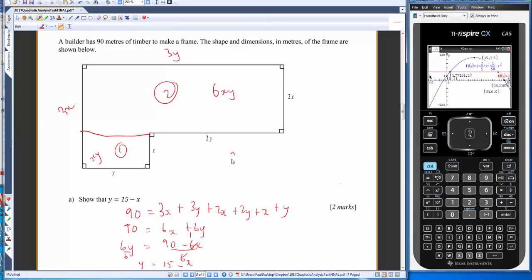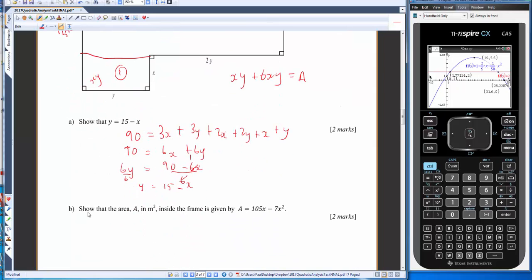And what we're going to do is go xy plus 6xy equals the area. Okay, so that's our formula down here. Area equals xy plus 6xy. But that's not that. Well, what can we do about that?